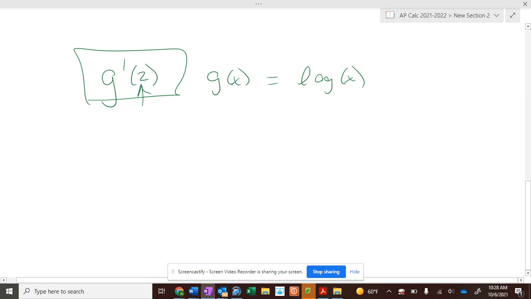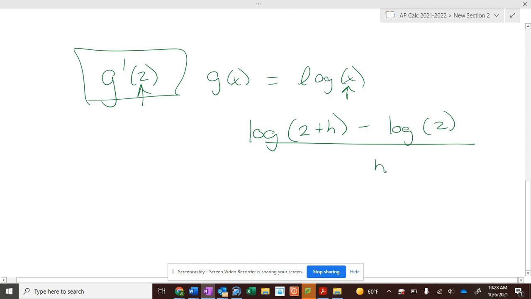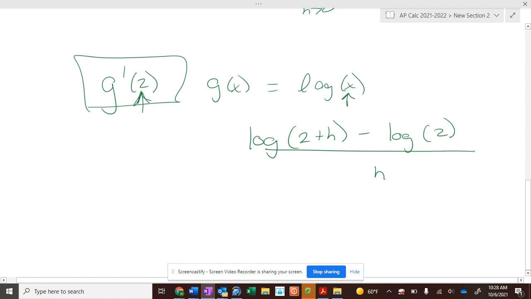If we're going at 2, x must equal 2. So it's the log of 2 plus h minus the log of 2 all over h, because they give you what x is. So it's f of x plus h minus f of x all over h.